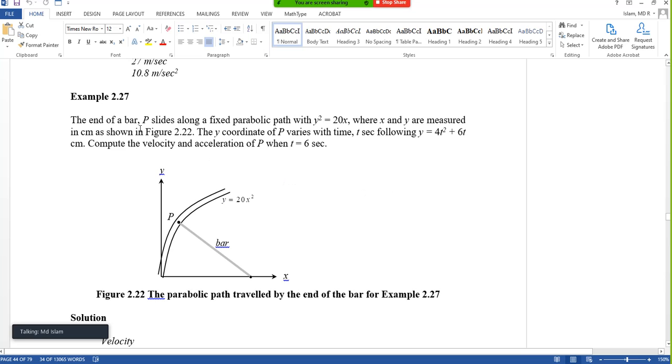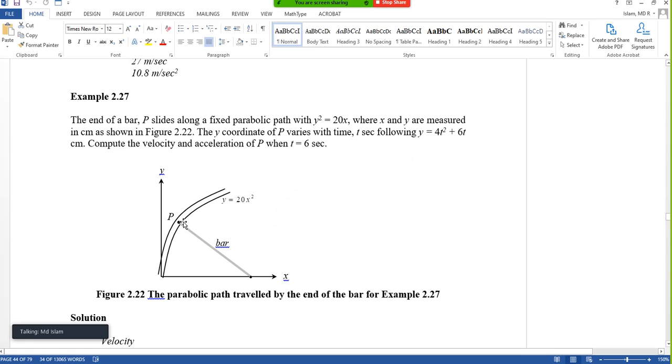Okay, so what is happening here? This p is sliding this way, and the path is y squared equals 20x, and the coordinate of p is varying with time this way.